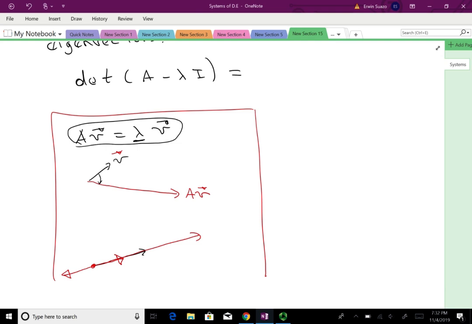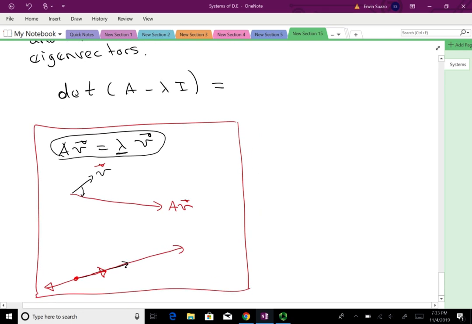So they are linearly dependent. That's the whole thing of these eigenvalues and eigenvectors. You have an eigenvector when the vector is not rotated. It stays on the same line, and you are just making it longer or shorter.